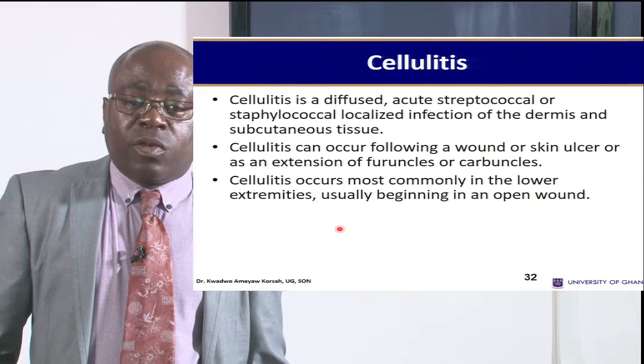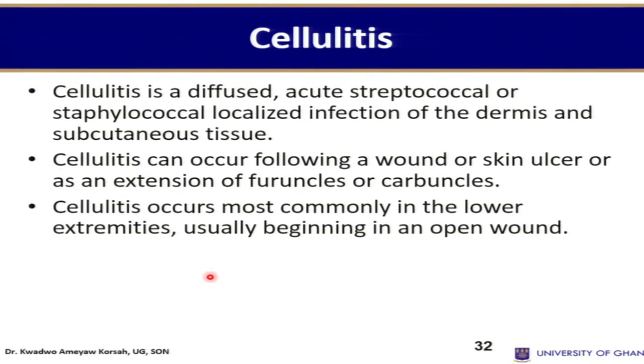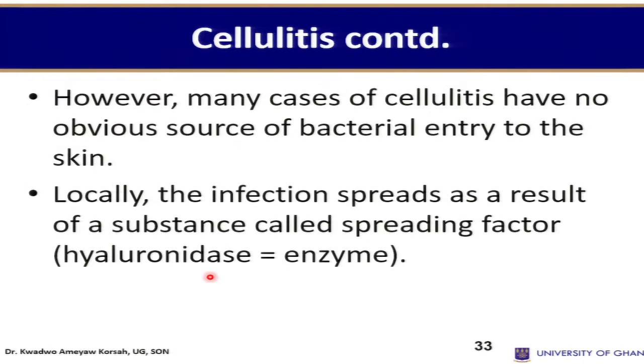It is a diffuse acute staphylococcal or streptococcal localized infection of the dermis and the subcutaneous tissue, and can occur following a wound or skin ulcer or an extension of a furuncle or carbuncle. Cellulitis occurs most commonly in the lower extremities, usually beginning in an open wound. But in some cases, there may not be any wound, but the condition can occur.